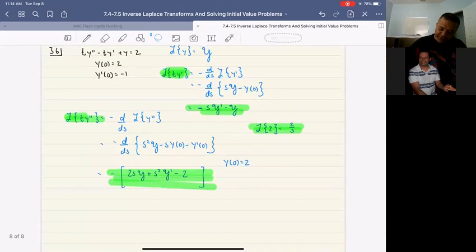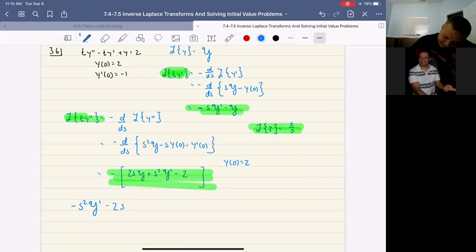Okay, so our differential equation is going to be negative s squared y prime minus 2s y plus 2, that's my y double prime, minus negative s y prime minus y plus y equals 2 over s.